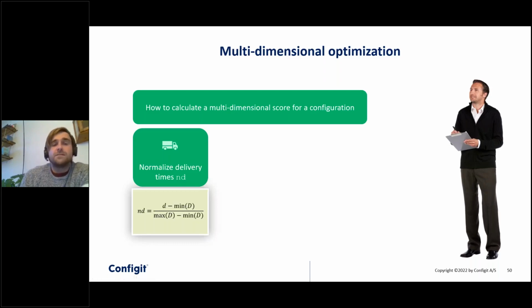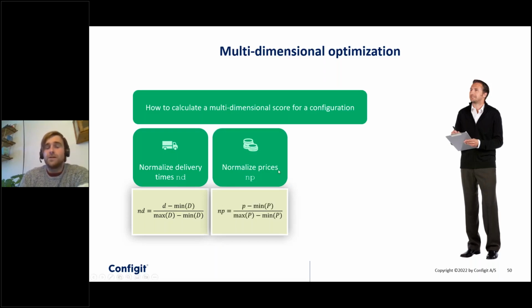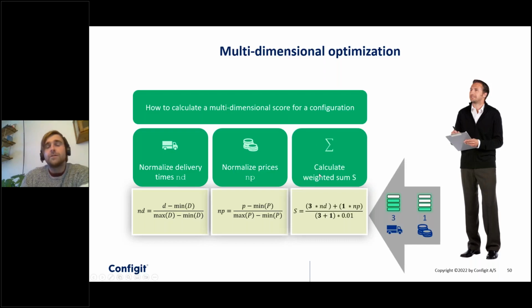First, we have to normalize the delivery times. So all the delivery times we have saved, we could normalize them. Then we want to normalize the prices, called NP. And then we calculate the weighted sums on these calculated values, the prices and the delivery times.